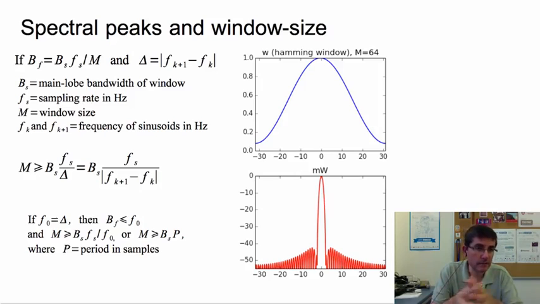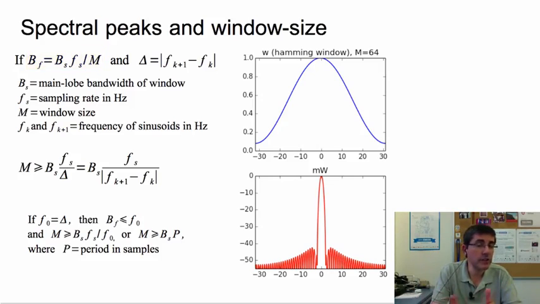The bandwidth of the main lobe is B sub f, expressed in hertz, that would be the main lobe bandwidth of the window in hertz, and that's defined as the product of B sub s, the main lobe width of the window expressed in samples, multiplied by the sampling rate, and divided by the window size M. And so that would be the width of the main lobe.